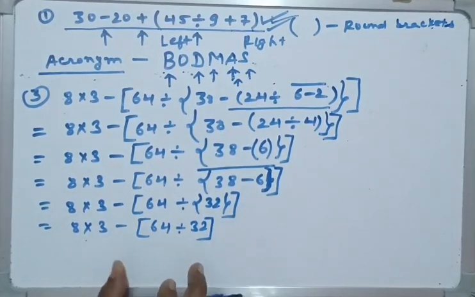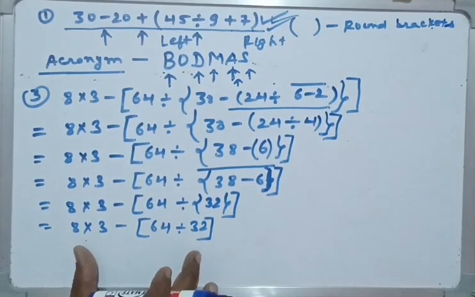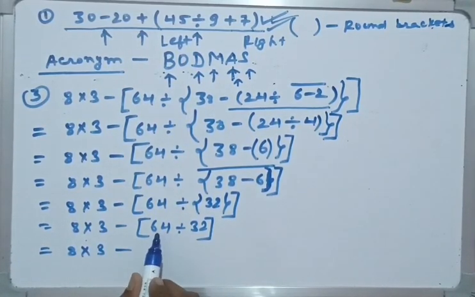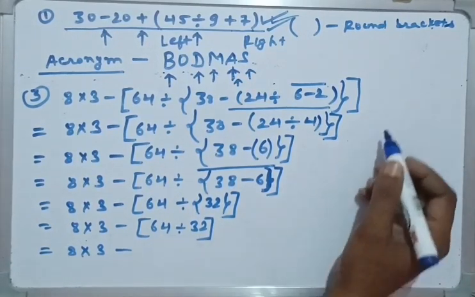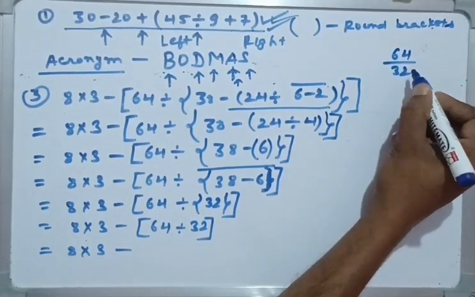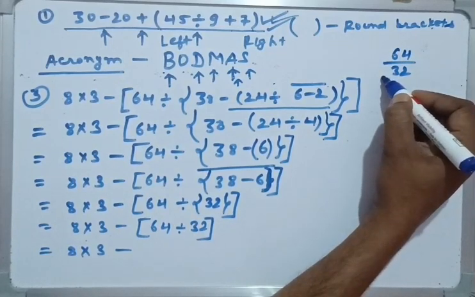Now even one bracket is also available in this expression, so we will remove this first. So if you divide 64 by 32, first you can divide with a smaller number, 2.